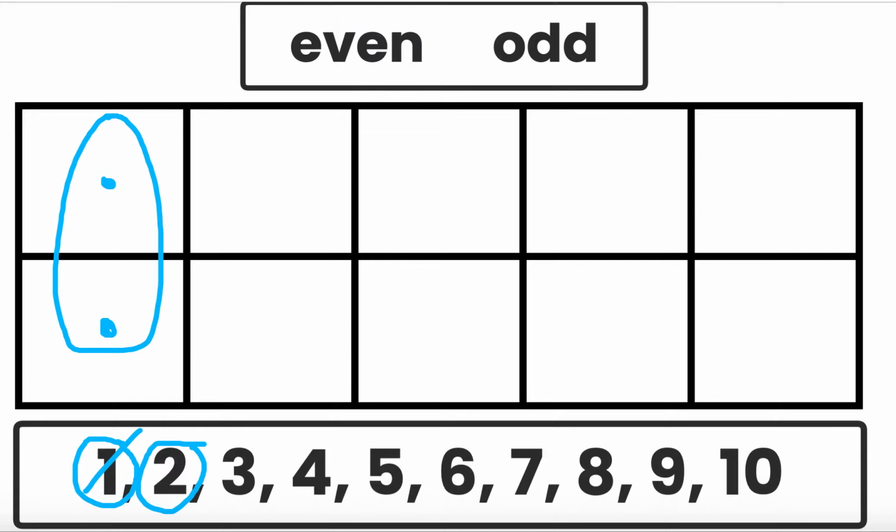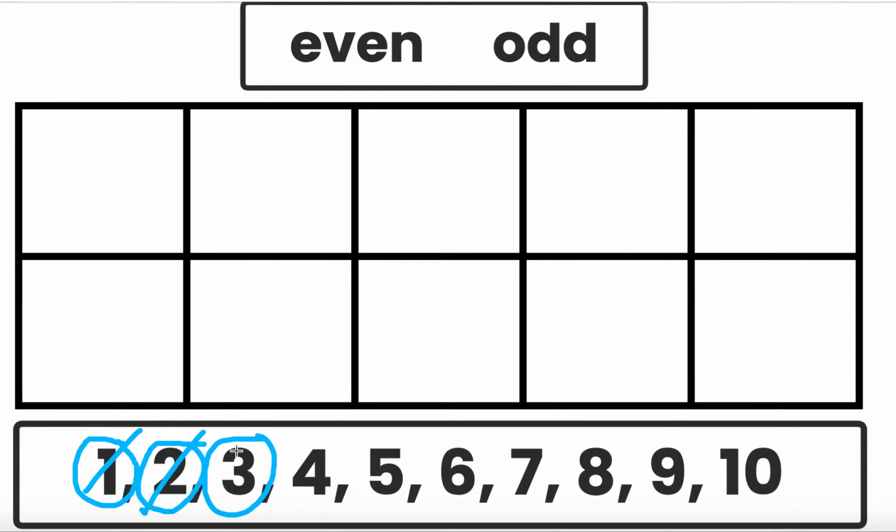So we just did the number 2. Let's do the number 3 now. Since we have the number 3, I'm going to draw 3 dots. 1, 2, 3. Once I draw my dots, it's time to figure out if they can be formed into groups.